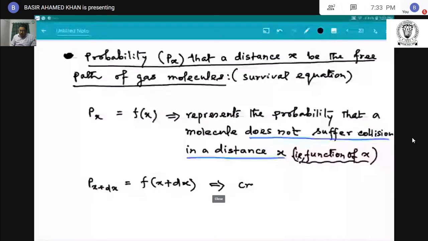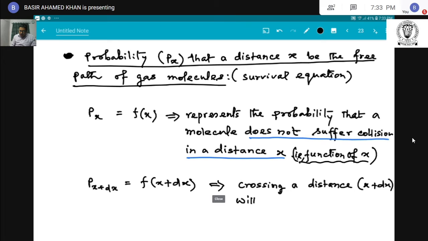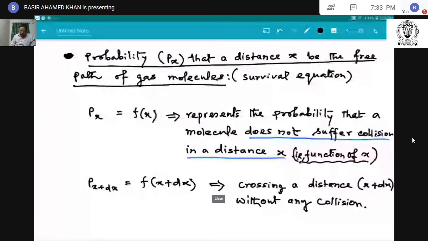Crossing a distance x plus dx without any collision.